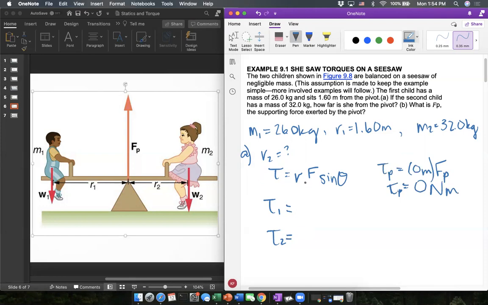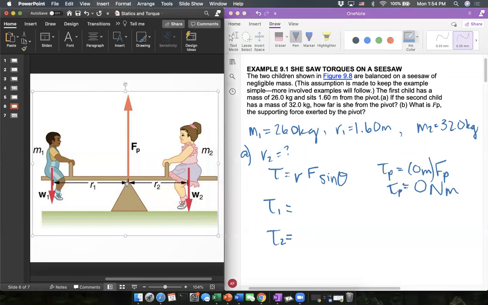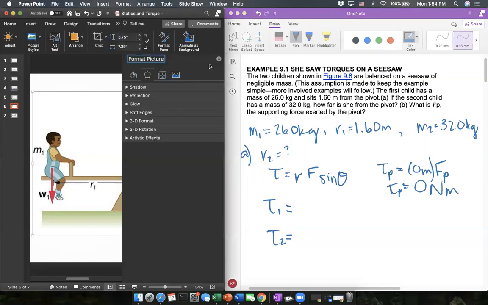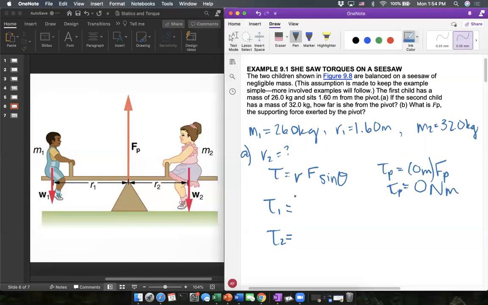For tau 1, we can say our R1 times our F, and our force in this case is going to be our weight, the weight of the first kid, times sine of our theta.